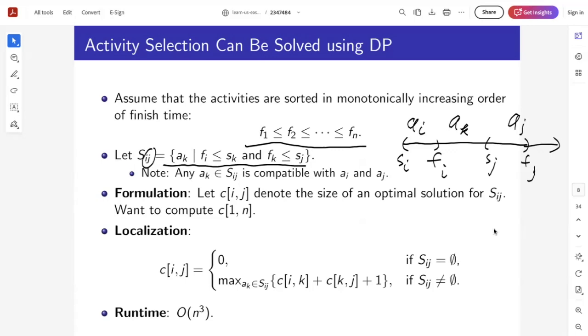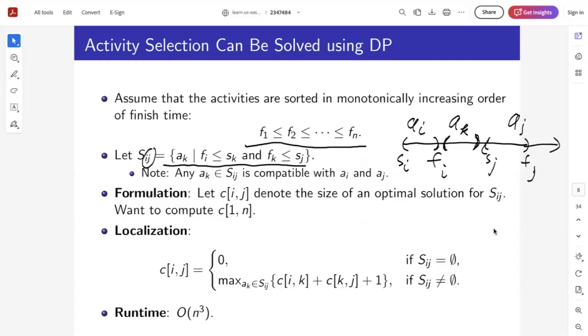So if this is compatible, then it has to be in between. And if s_j is greater than f_i, then obviously you don't have a_k in between.